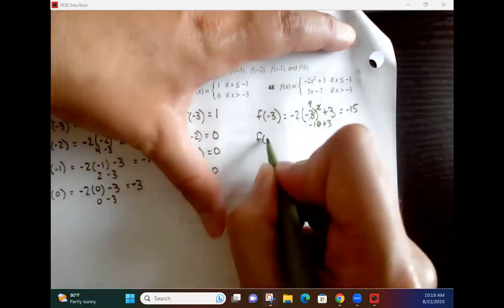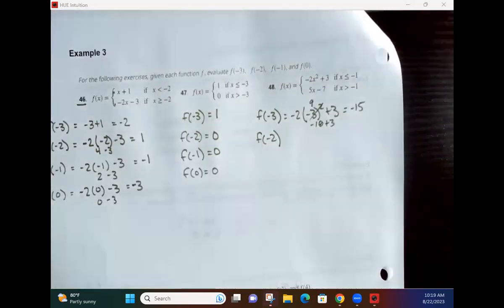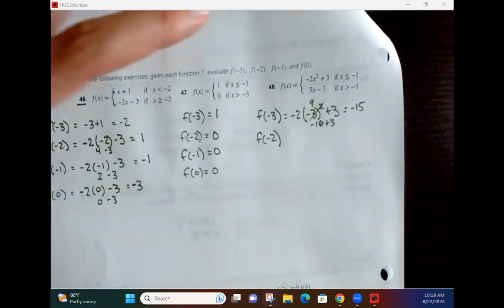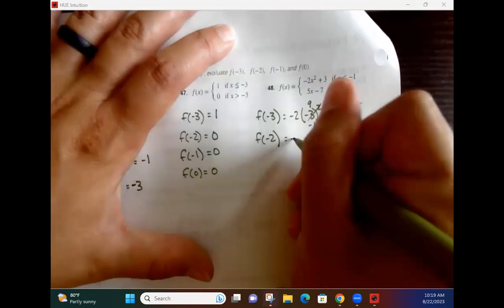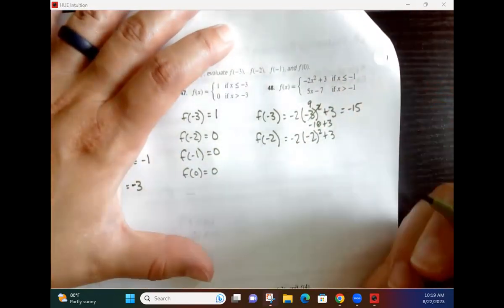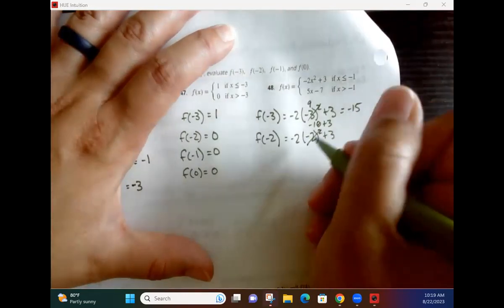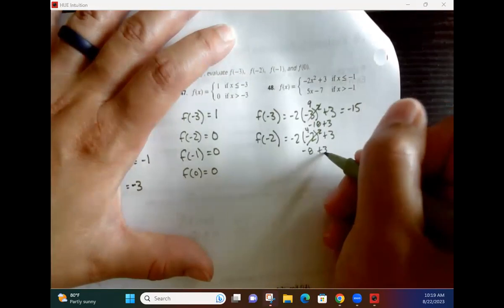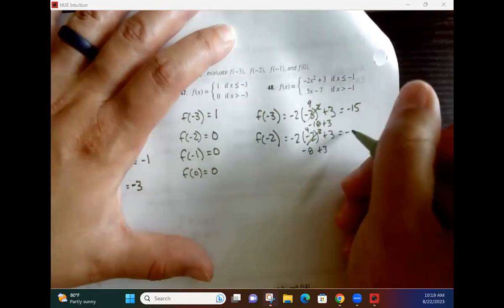And then f of -2. Top or bottom? Top again. So this is -2 times -2 squared plus 3. -2 squared would be 4. Multiplied by -2, we get -8, plus 3 would be -5.